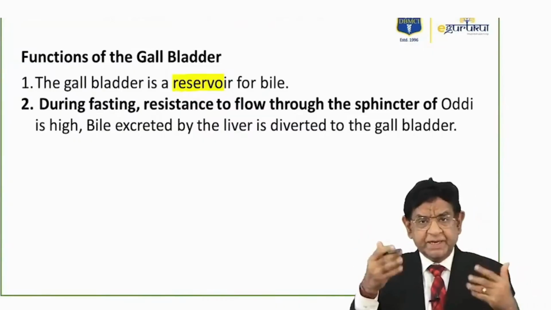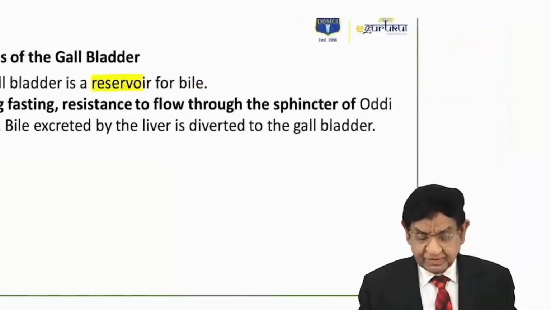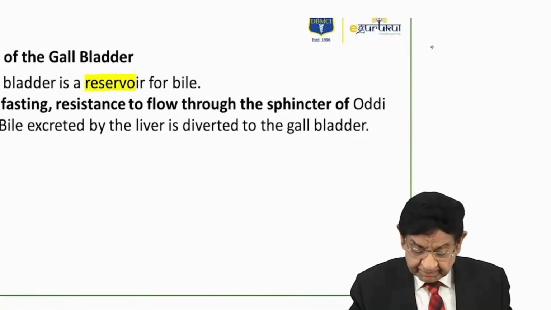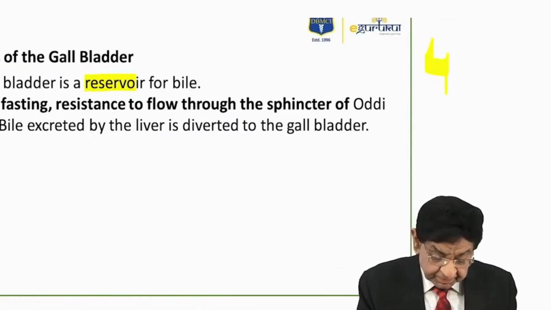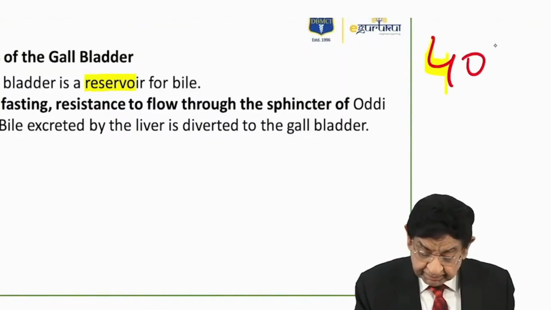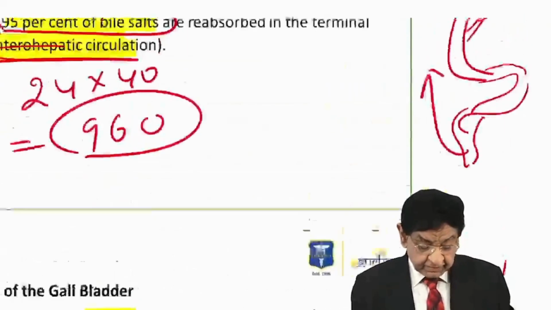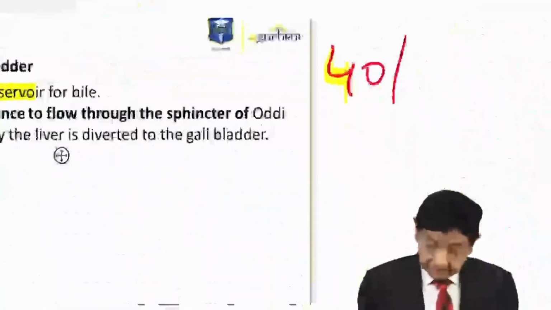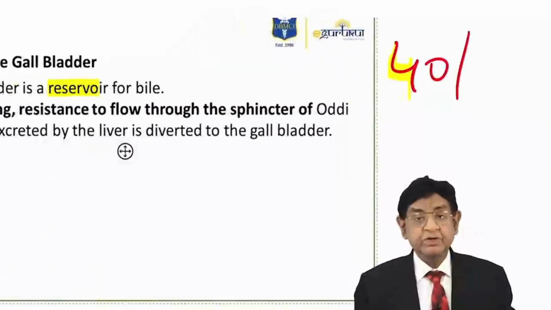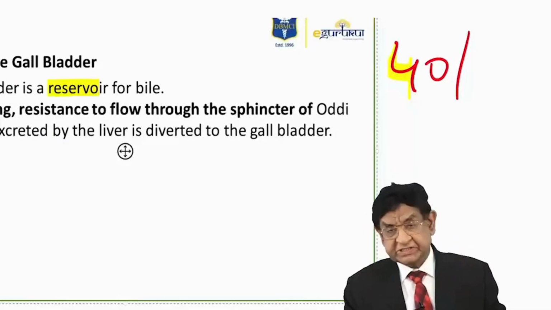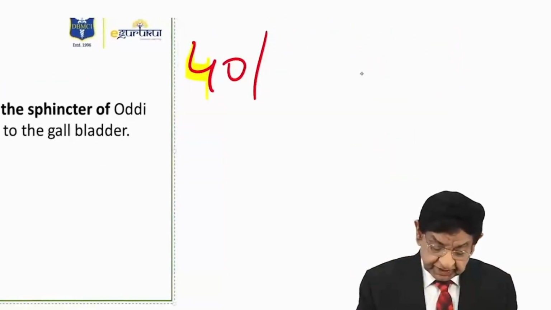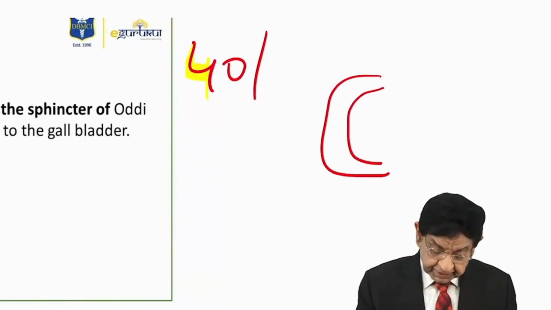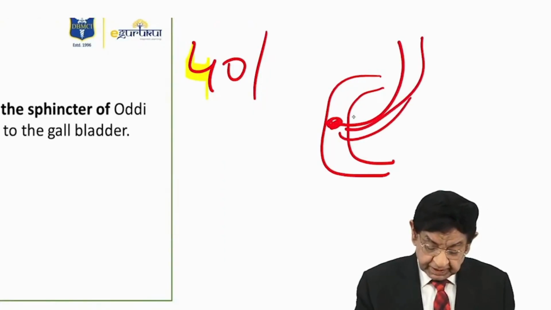Bile is getting produced from the liver, 40 ml per hour. During the fasting stage, the sphincter of Oddi remains closed.